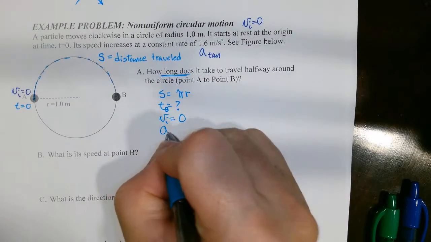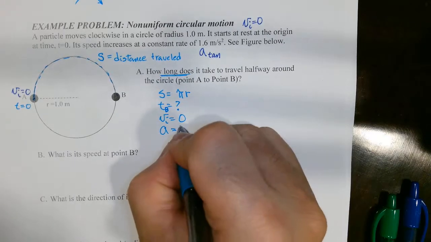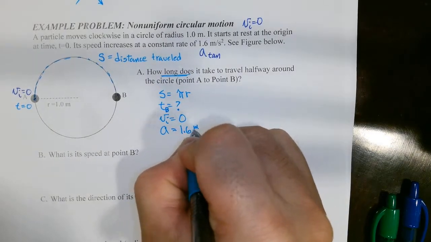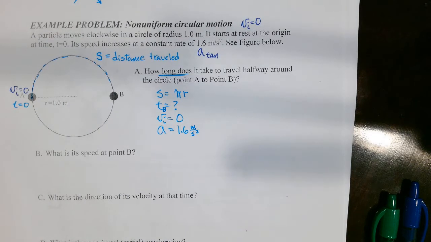And they also gave us acceleration, which is 1.6 meters per second squared. This looks familiar, right? We could probably use one of the equations from constant acceleration equations, right? So let's do that.